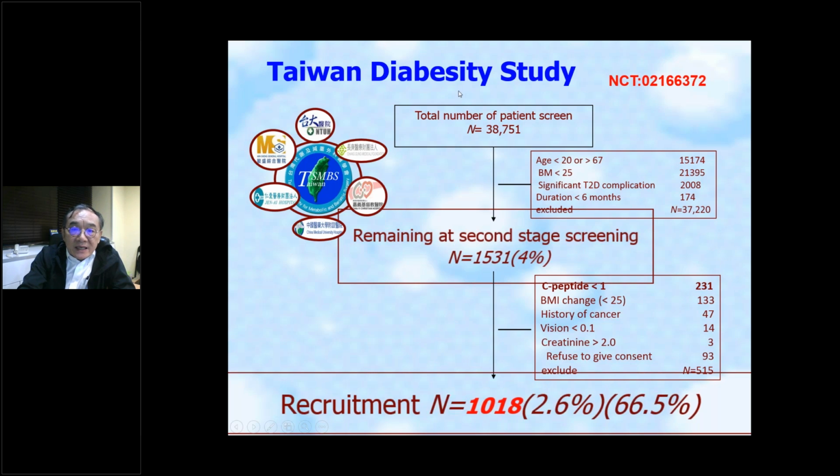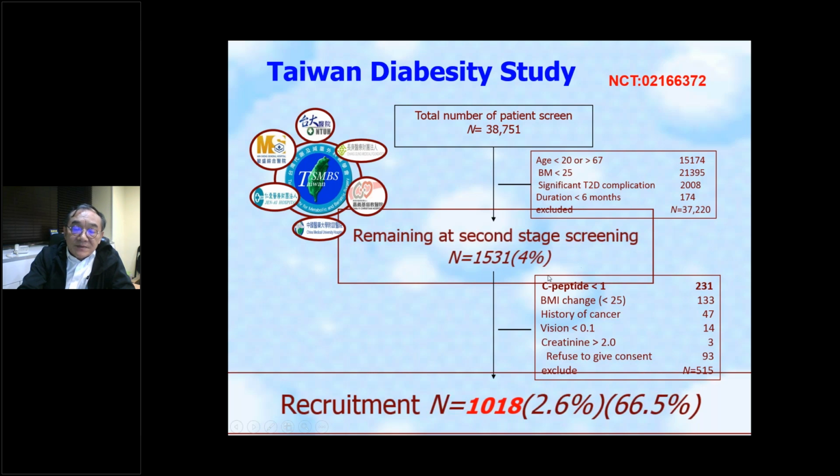However, we screened around 30,000 patients, and only 4% fit our inclusion criteria. So in the real world, only 4% of our screened diabetes patients are candidates for metabolic surgery. It's not very high.